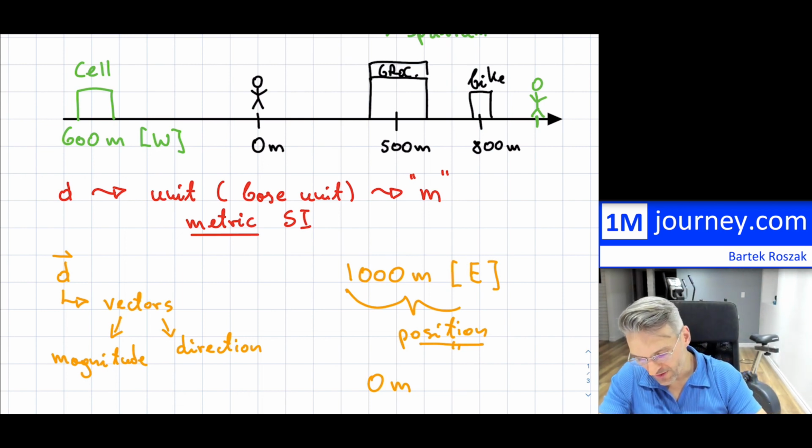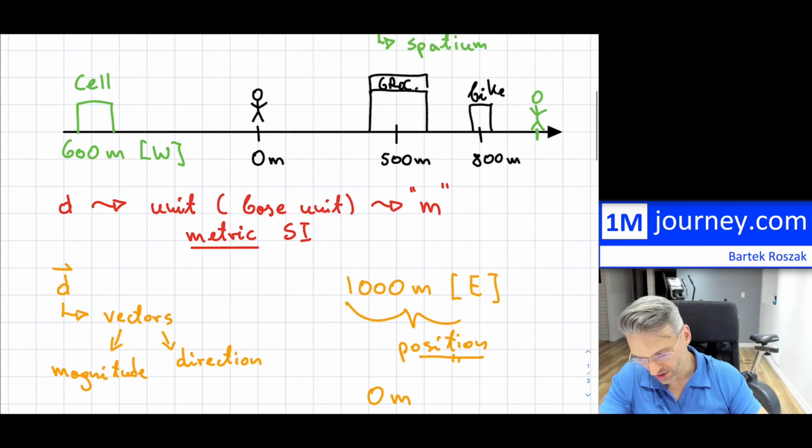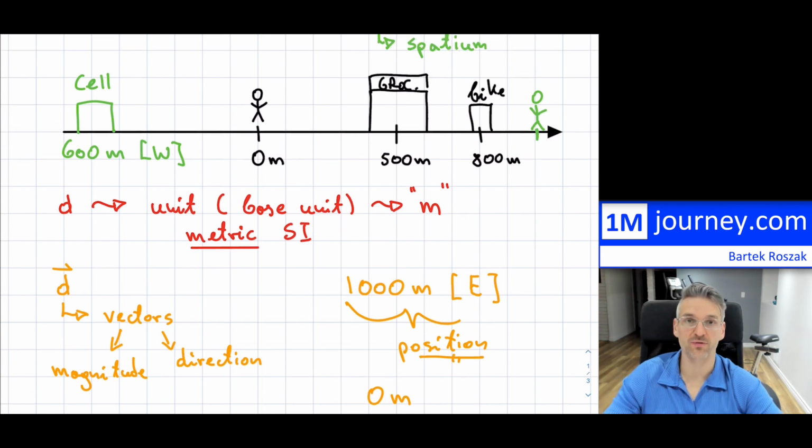Now, I've mentioned vectors. These are measurements that we take of physical quantities, and all of those vectors will have some kind of a direction.